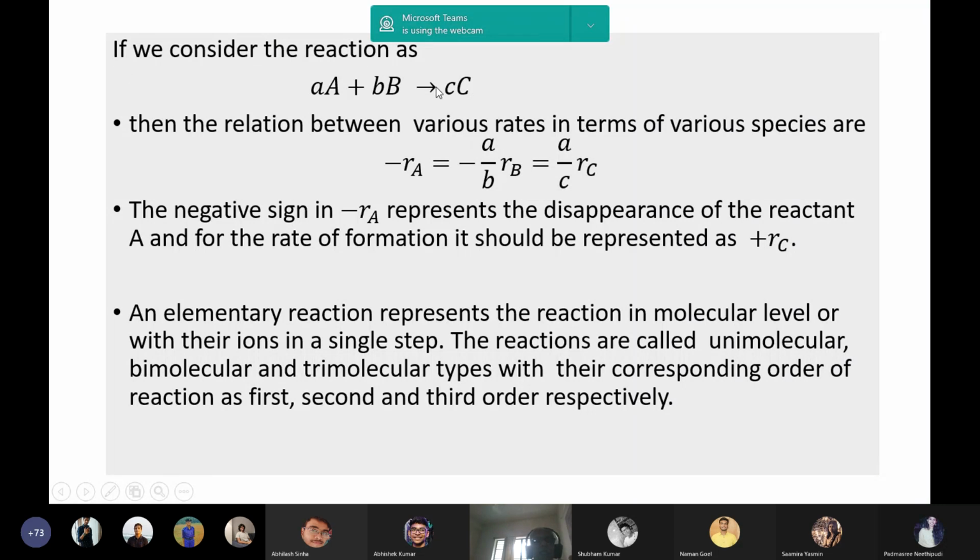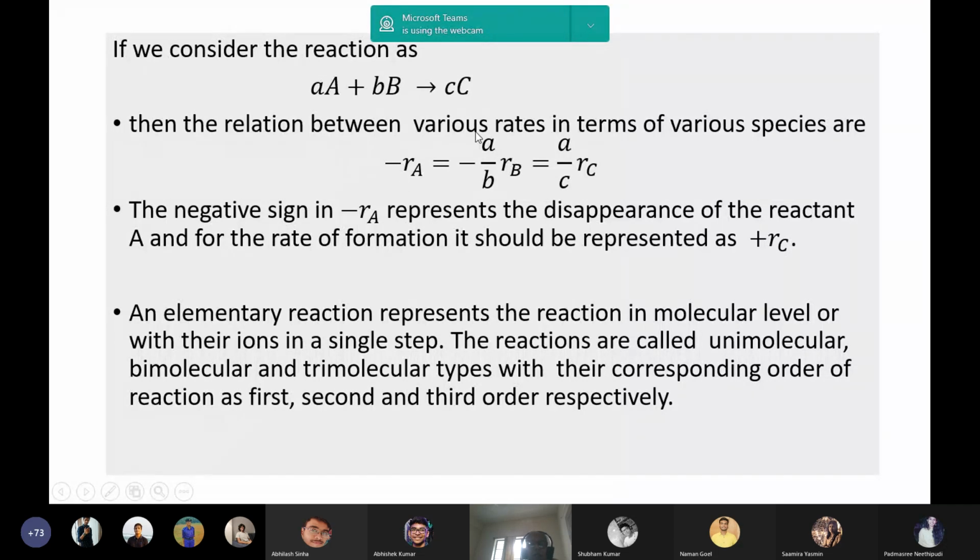If we consider the reaction in this form, it is called the general form: aA plus bB gives cC. If a second product is also available, then we can write dD. Here we consider one reaction product. Then the relation between all the rates: the rate of disappearance of A, the rate of disappearance of B, and the rate of formation of C are related by this expression.